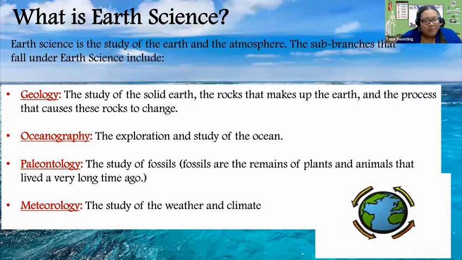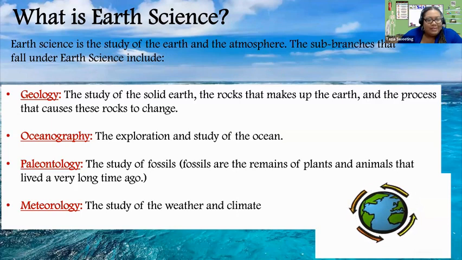And lastly, we have meteorology, which is the study of the weather and the climate. So again, in earth science, we study the earth and the atmosphere. This includes geology, which studies rocks, oceanography, which studies the ocean, paleontology, which studies fossils, and meteorology, which studies the weather.